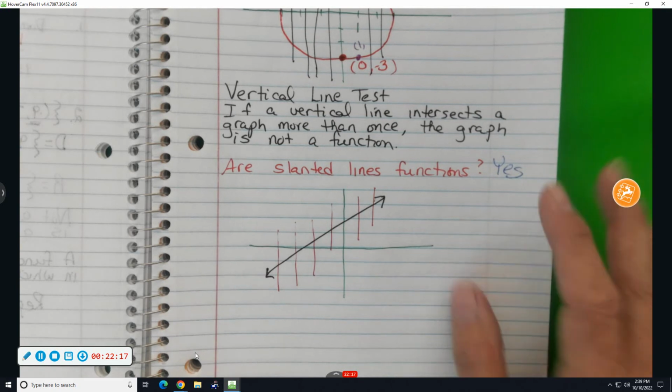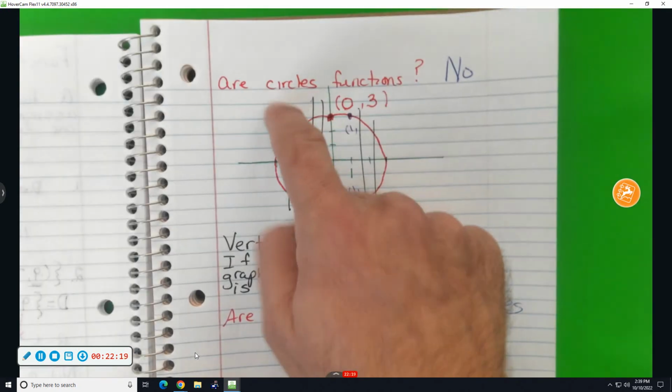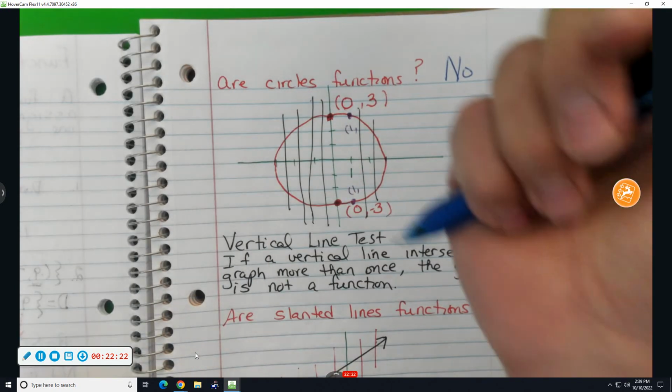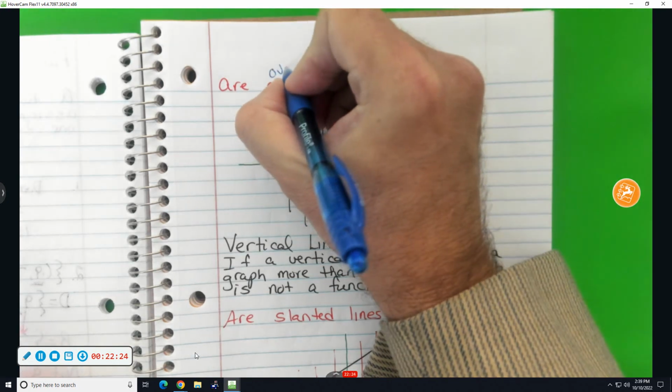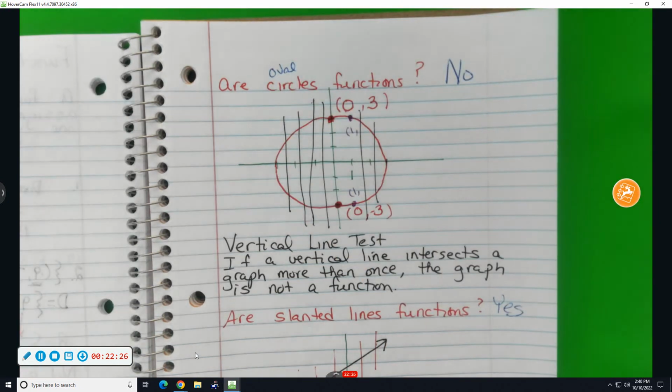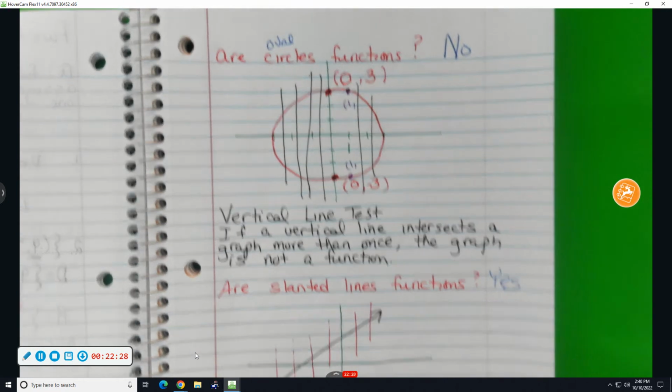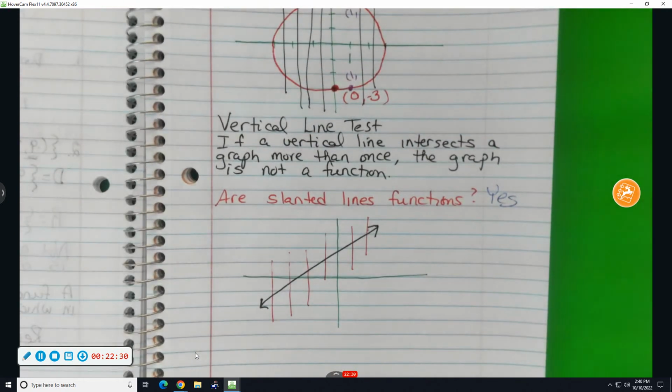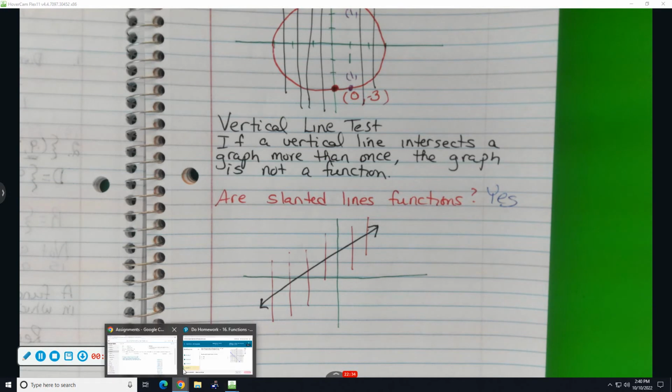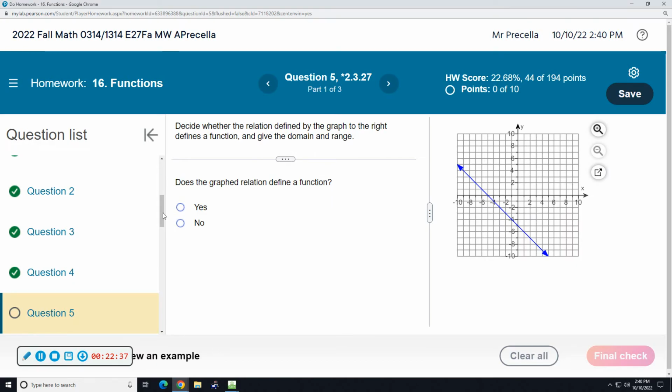Yes. So this circle, by the way, up here, we could have changed to anything that's just an oval shape, even if it's sort of a flattened circle. It's still not a function. Slanted lines are always functions. Okay? Yes, this is a function.